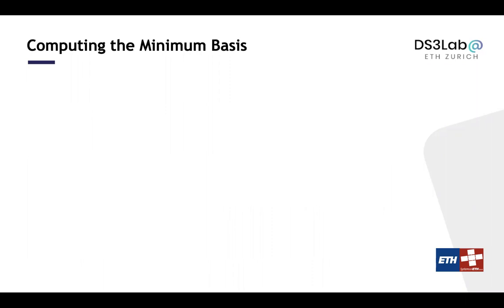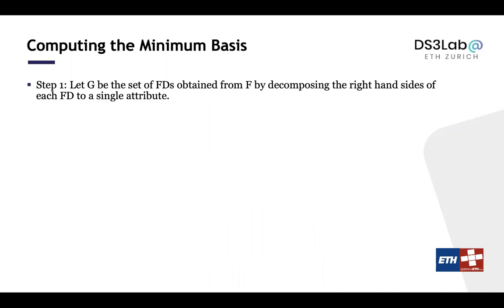So how can we compute the minimal cover or minimal basis? You can have an algorithm with multiple steps, and in the textbook, there is a very precise algorithm to do it. So the first step is you construct G by taking all the function dependencies in F and decomposing the right-hand side to a single attribute, right?